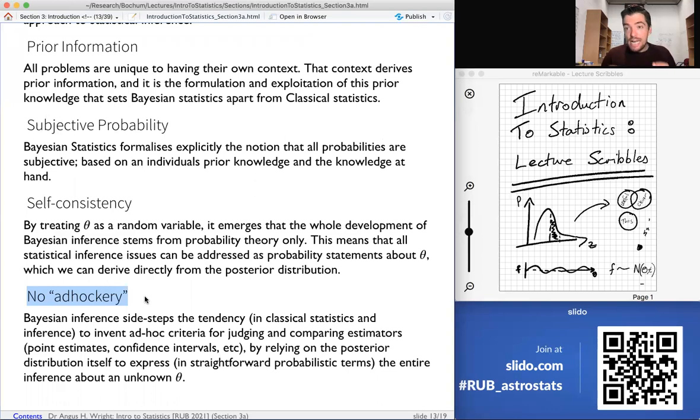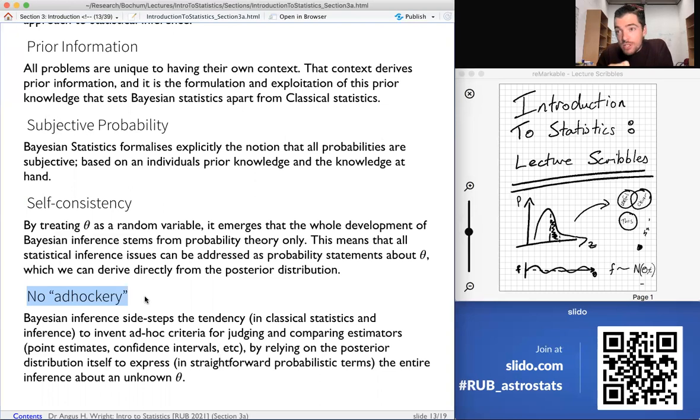It's very easy to pick a particular way of summarizing a maximum likelihood that suits our needs. But that is a totally ad hoc choice. It is something that we decide without any justification, deciding to use just a point estimate or to use just a 95% confidence interval. These things don't have any justification behind them. They are a choice that we make for no apparent reason other than we want to do that. And that is the ad hocery.